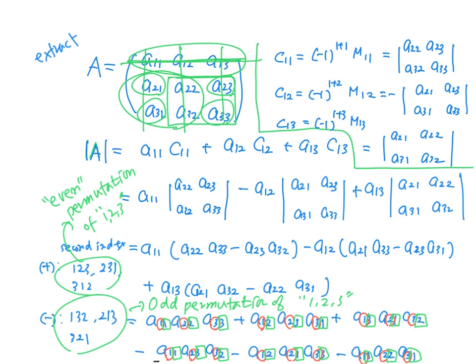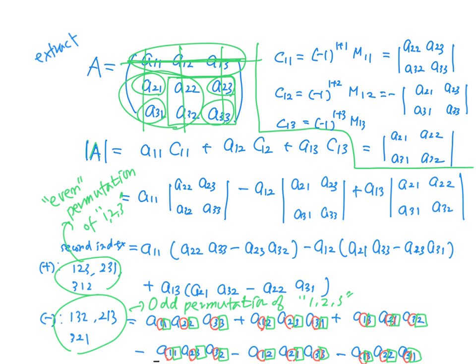Keeping out this term. If the second indices of the product are arranged in an even permutation, 1, 2, 3, 2, 3, 1, 3, 1, 2, then you have positive signs, right?